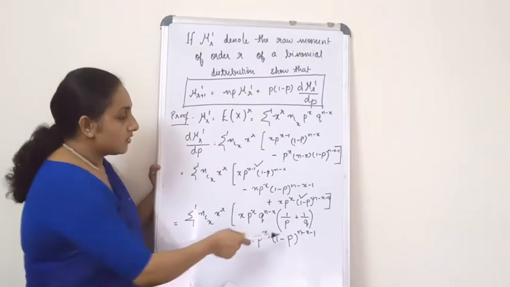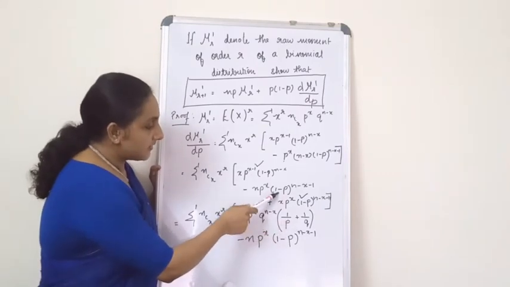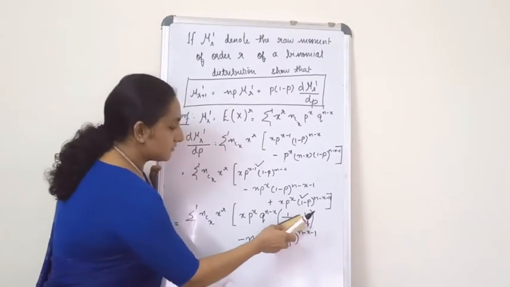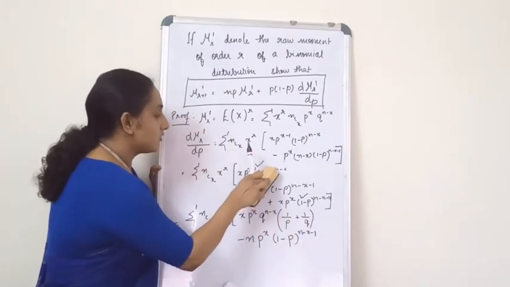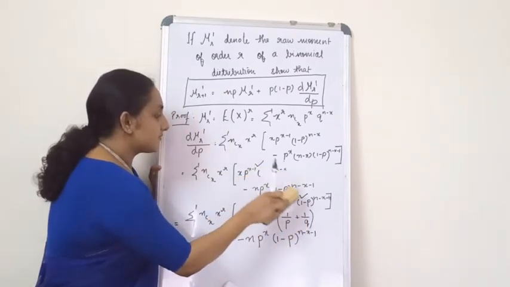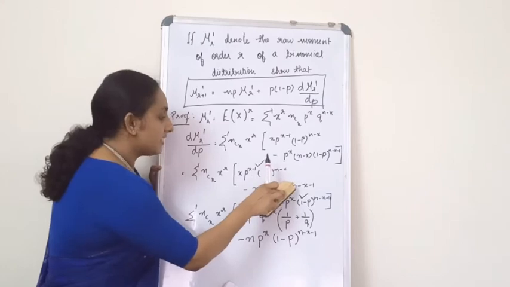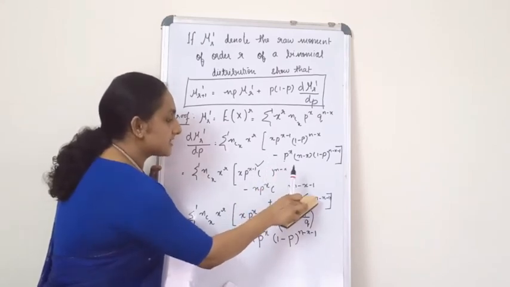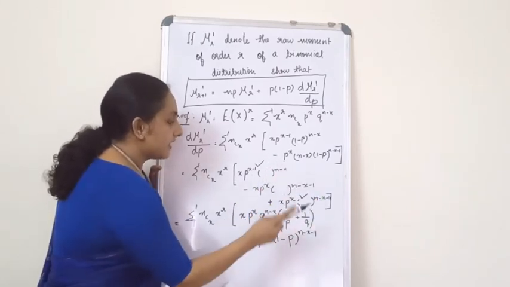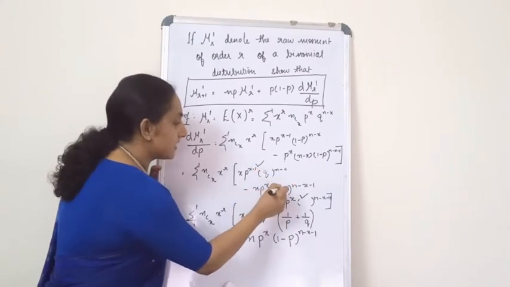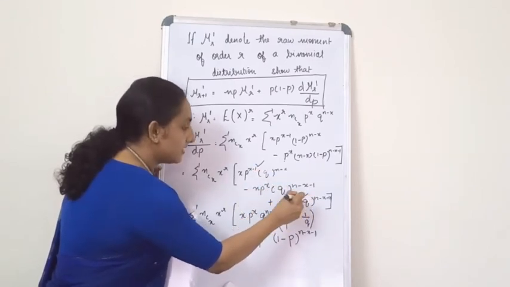Now you will be wondering how I got this q. Instead of this 1 minus p, wherever you find 1 minus p, you can convert it as q. Okay, and then you try it out, and then you will get the result.